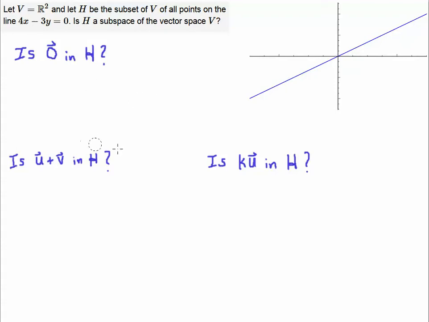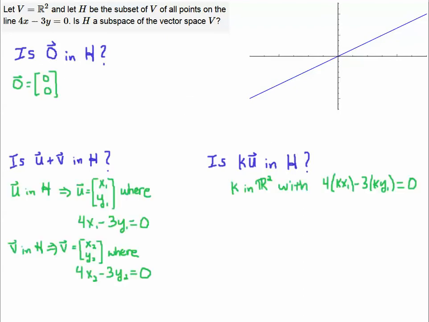Okay, so those are the three things we have to test. Is 0 in the set? Is the set closed under vector addition? That means if you take u from the set and v from the set, is u plus v in the set? And is the set closed under scalar multiplication? So if you take some number and multiply it by a vector, is that multiplication still in the set? Okay, let's proceed.